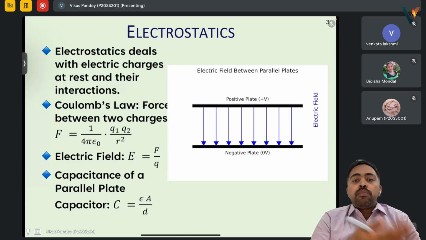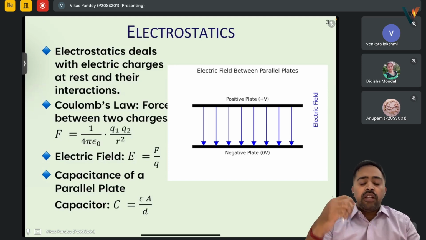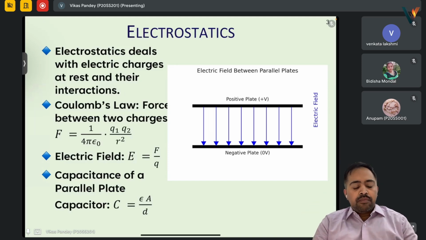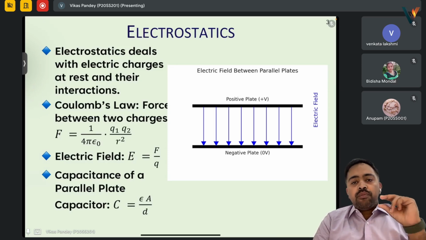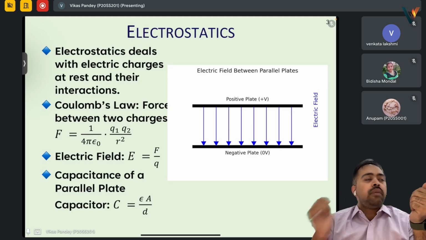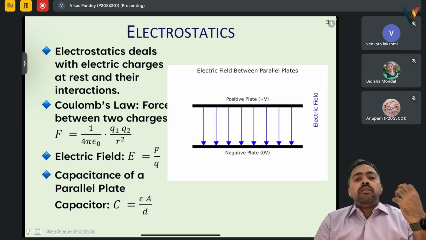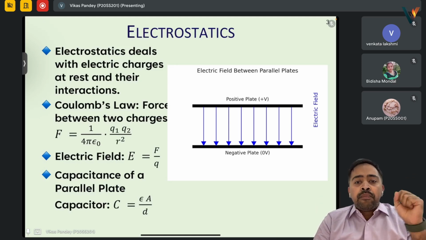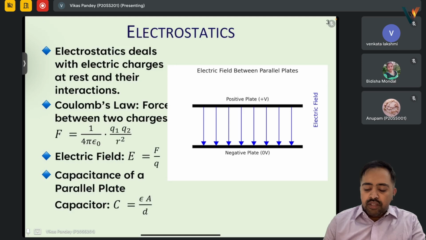The purpose of discussing this is that when we are talking about micro devices, that means micro electromechanical systems, in the previous week we discussed that electrostatic and gravitational force are not relevant.